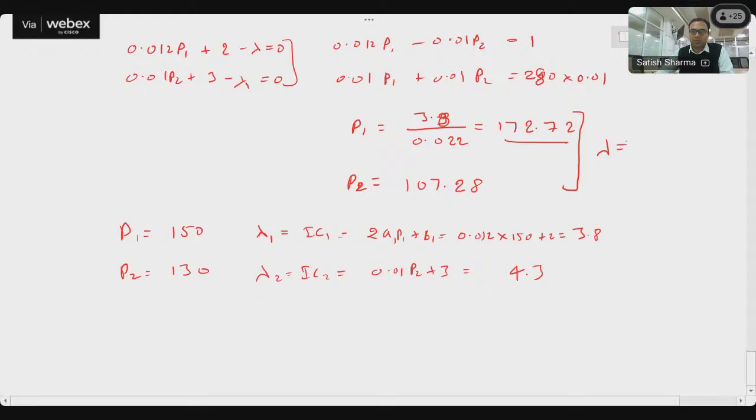So it was 4.07. You look at this particular lambda, it was 4.07. Now we have obtained 3.8 and 4.3. So this is the unconstrained lambda. Now these two are when we have enforced the limit and obtained two different values.